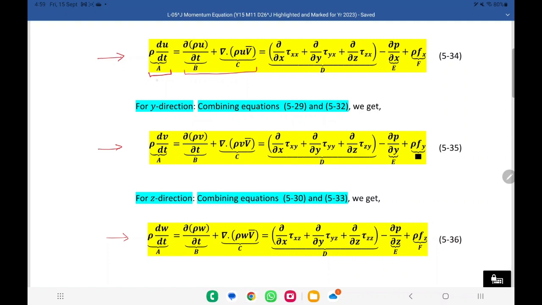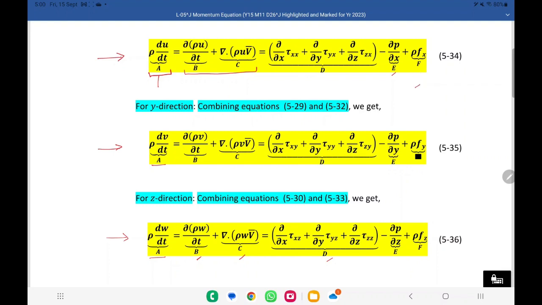Now the first term in each case I have called A. The second term I have numbered as B, the third term as C, the fourth as D, the fifth as E, and the sixth as F.